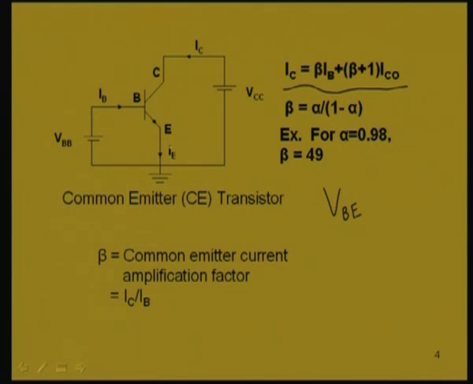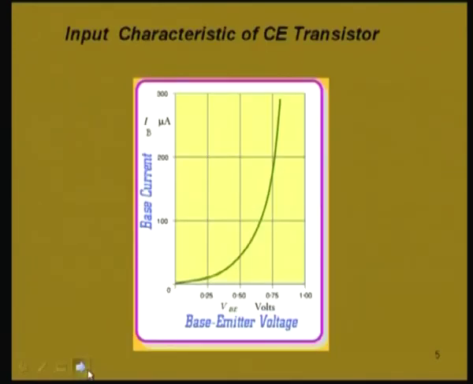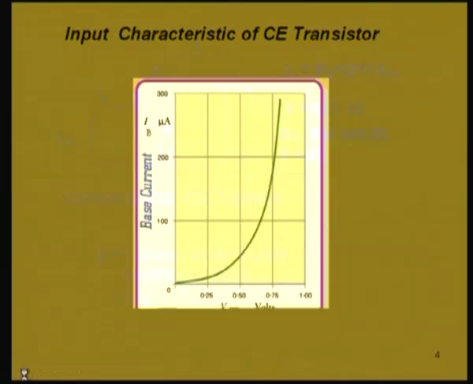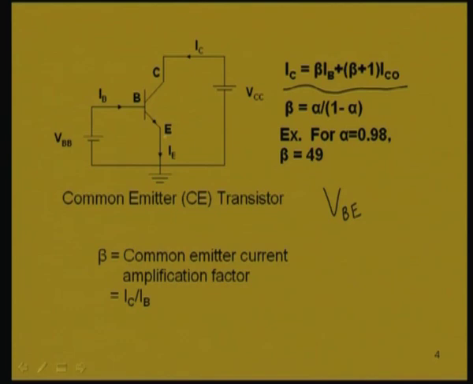Early effect means the modulation in the base width. If VCE is increased, that means the collector to base junction will have more reverse biasing voltage, because if we consider this circuit, VCE is nothing but VCB plus VBE.